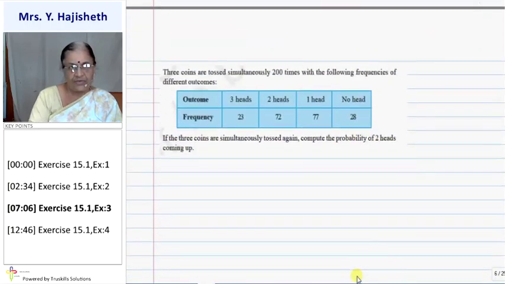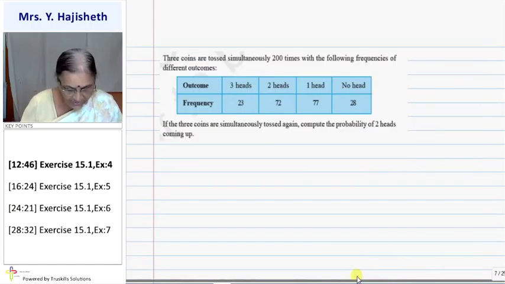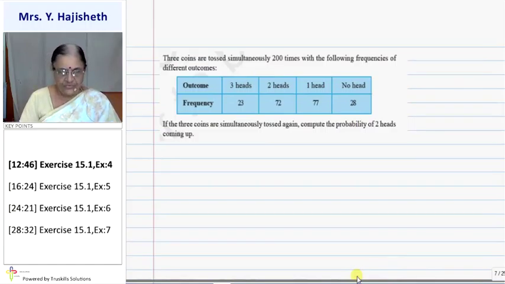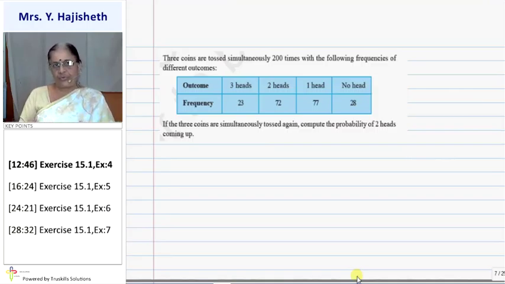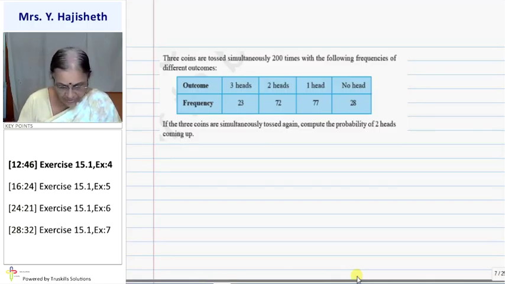Now sum number 4 is, 3 coins are tossed together. 3 coins are tossed together, so total number of outcomes are 2 into 2 into 2, 8. Right? And the 3 coins are tossed 200 number of times, with the following frequency of different outcomes.